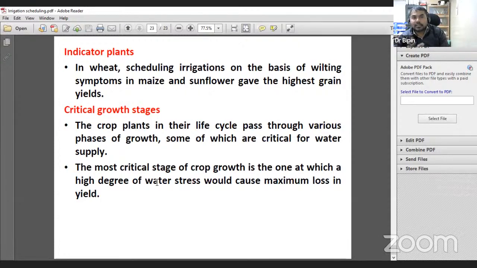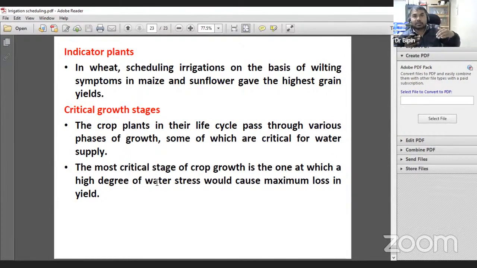Okay, and critical growth stages are also one of the very important criteria. Most commonly, if you go to any area, farmers say that this stage is very important because they know the stages are very important.